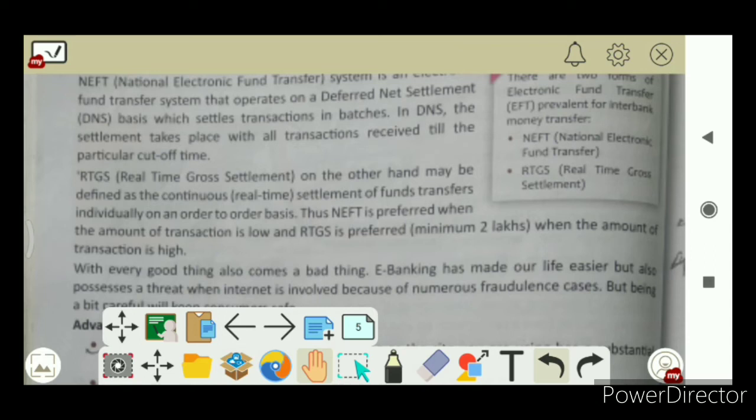The minimum amount which can be transferred by RTGS is 2 lakh, right? So for huge payments you have to use RTGS, and for amounts less than this, you can use EFT or NEFT, right? So these are the other services, EFT, NEFT and RTGS, which can be utilized for fund transfer also.